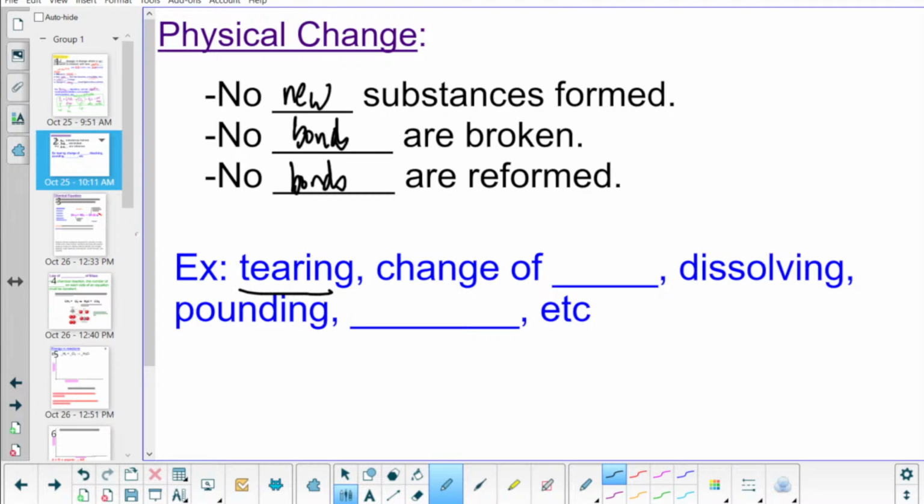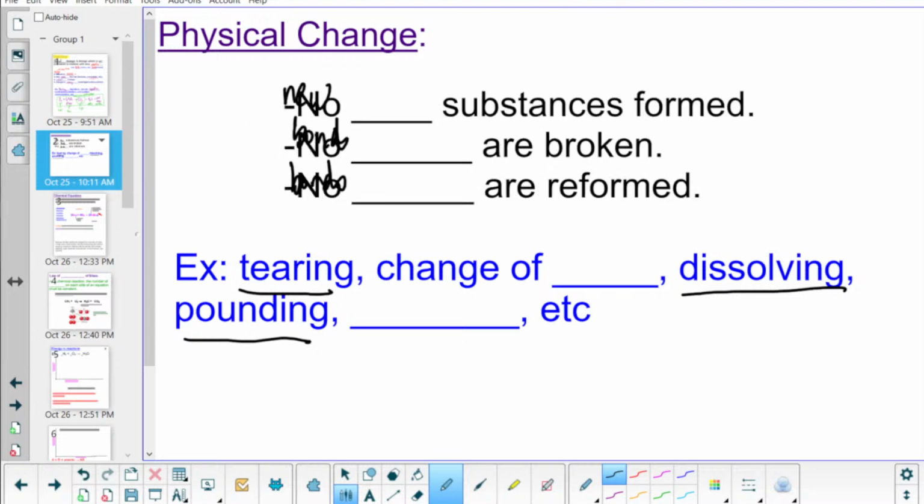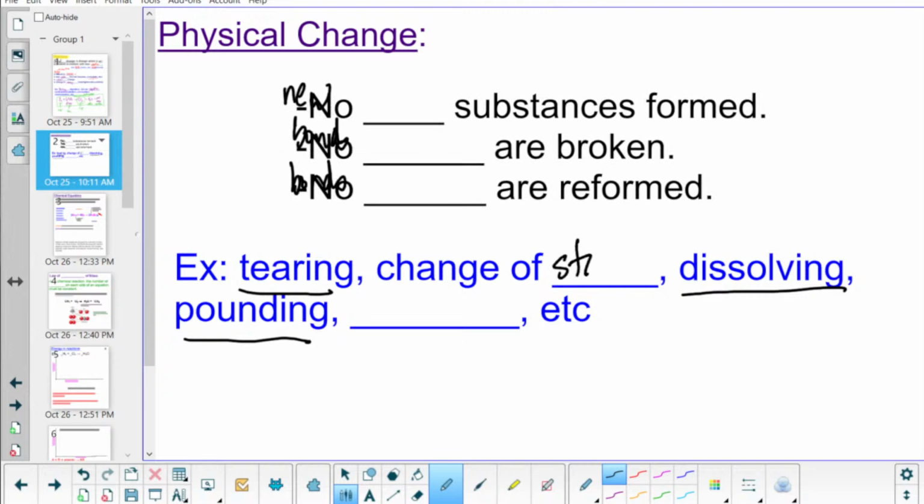Tearing something, dissolving it, or pounding it into a powder, it's still the same substance. Powdered sugar is still sugar. You can, however, get a change of state.